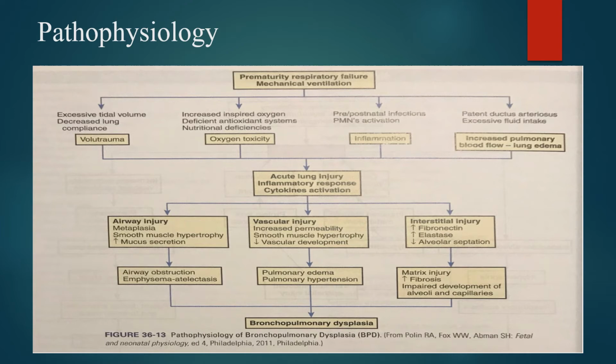Excessive hydration and patent ductus arteriosus with increased pulmonary fluid. Infection and inflammation, as recurrent bacterial or viral infections in premature babies might cause persistent alveolitis, which worsens alveolar and airway damage.